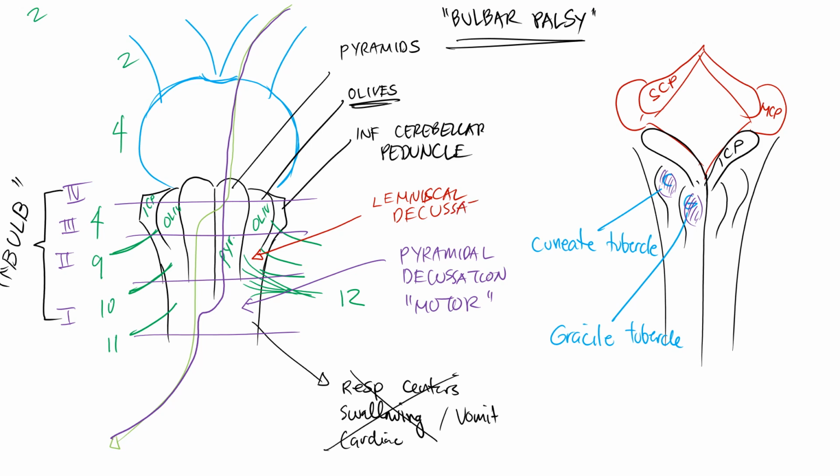Now, if your pyramidal decussation is the great motor decussation, your lemniscal decussation is your great sensory decussation, because your dorsal columns cross here. Now, why is it called the great sensory decussation? Dorsal columns don't deal with pain and temperature, which are quite important.